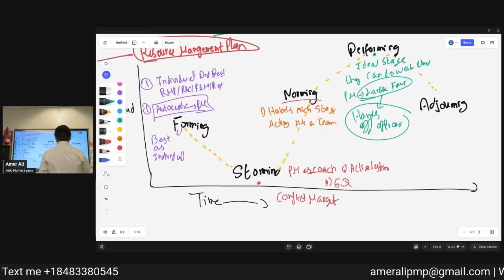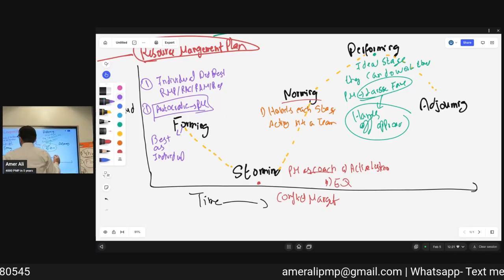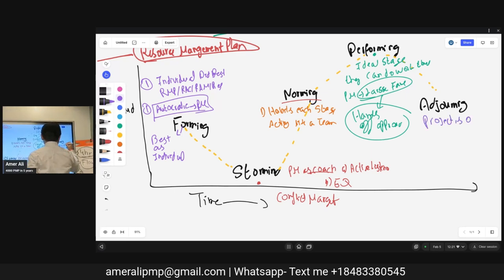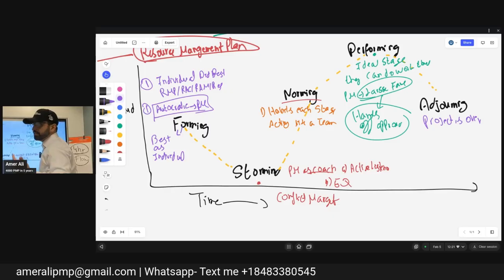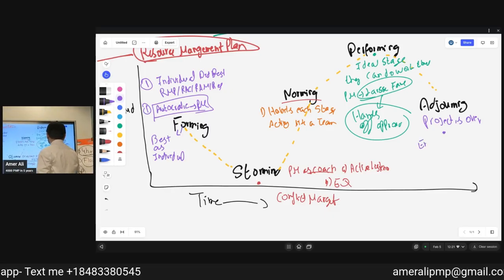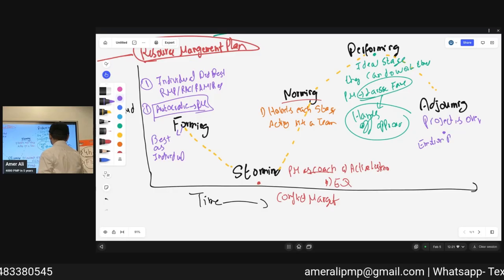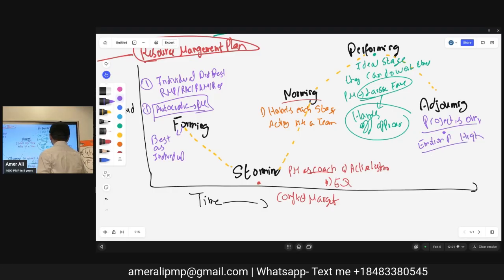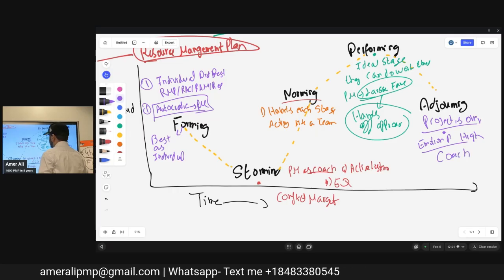Finally, adjourning, the project is over. This is, in resource management, the control part. You are closing it. The project is over. Emotions are high. The experience is over. You need to act like a coach and support them.